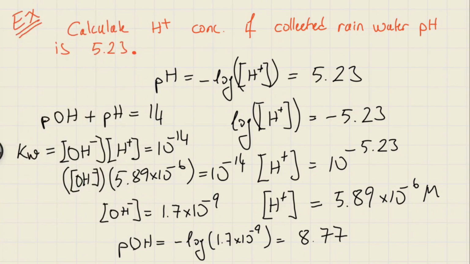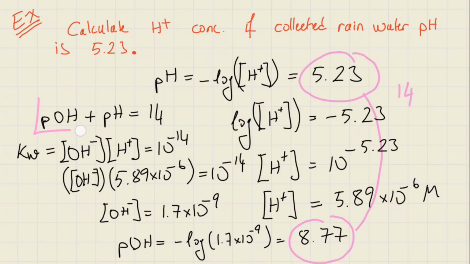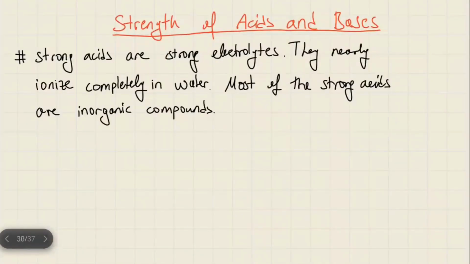So what will we see if we add these two numbers? It will be 14, and the pOH plus the pH is 14. And this example proves the concept basically.